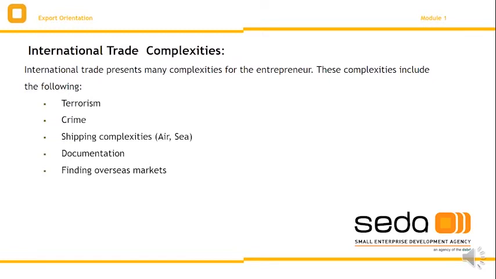The most important thing when it comes to exporting is finding an overseas market. So how can you find an overseas market? You need to conduct market research into foreign markets, analyze these foreign markets to see if there's demand for your product or service. Also look at the level of competition in these foreign markets.